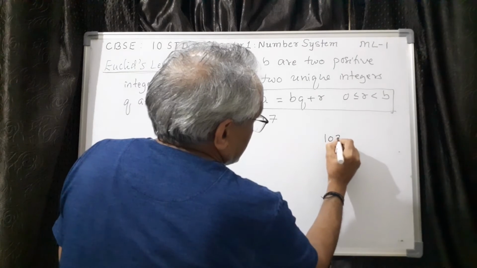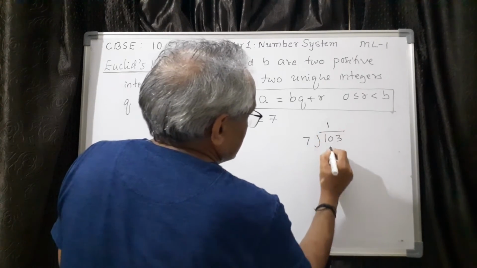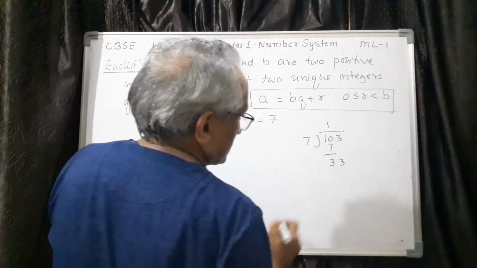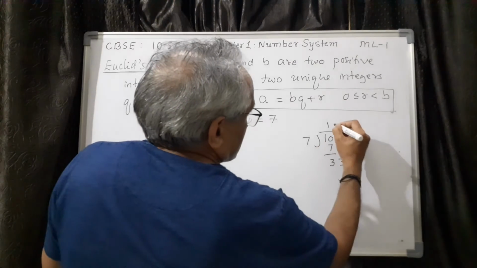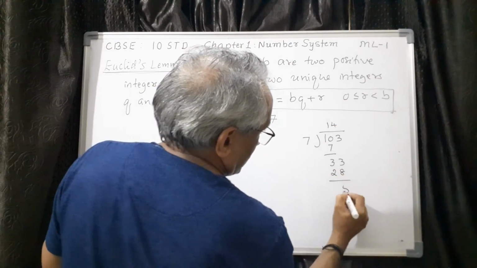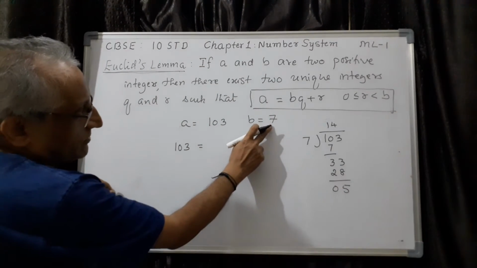Therefore what we do is 103 divided by 7. So 7 ones are 7. So it is 3. Bring down 3. So 33. 28. 5. 0.